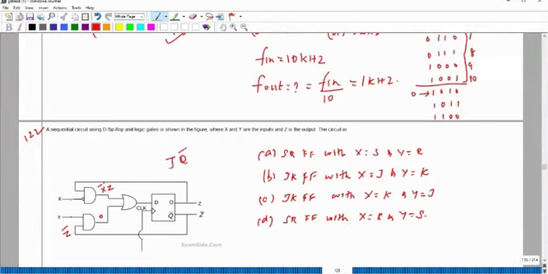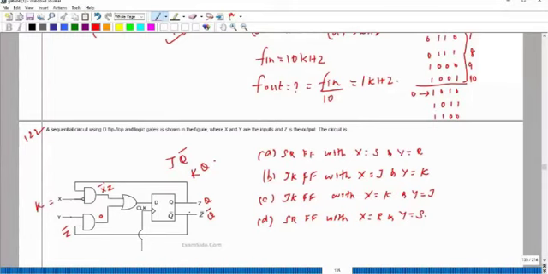Okay, J is connected to Q bar and K is connected to Q. Okay, so if I consider Z is Q and Z bar is Q bar, the Q bar is connected to Q should be connected to K. So X should be K.